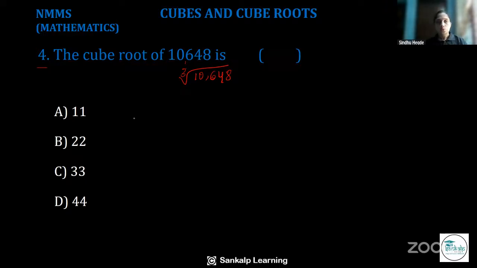Okay, so let us use this prime factorization method. 10,648 is broken down into its prime factors.